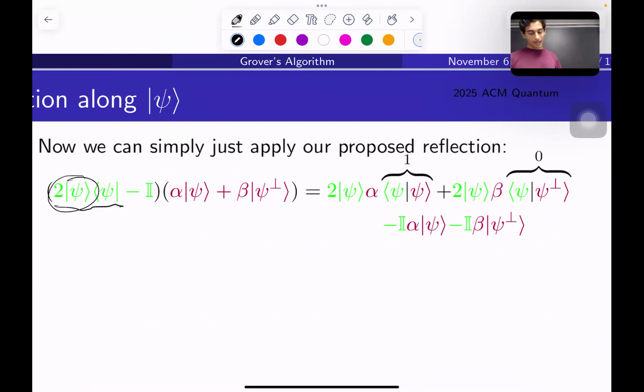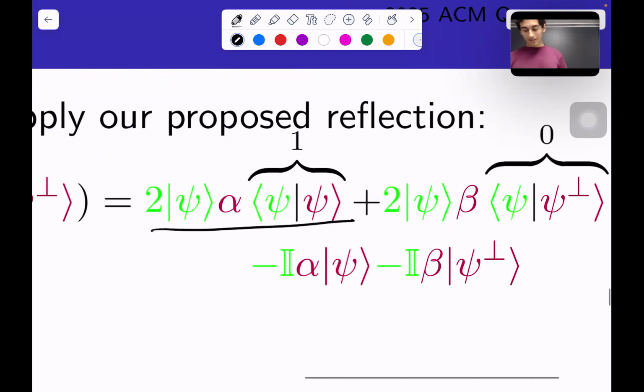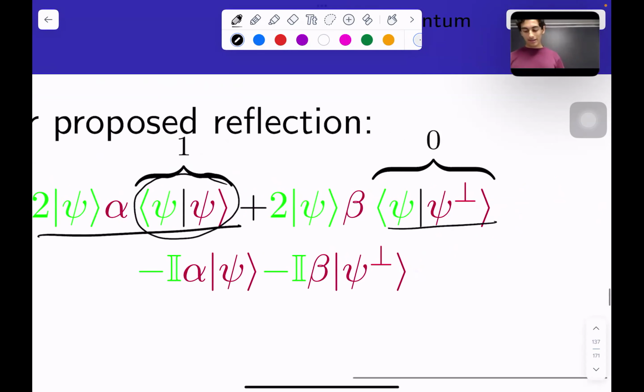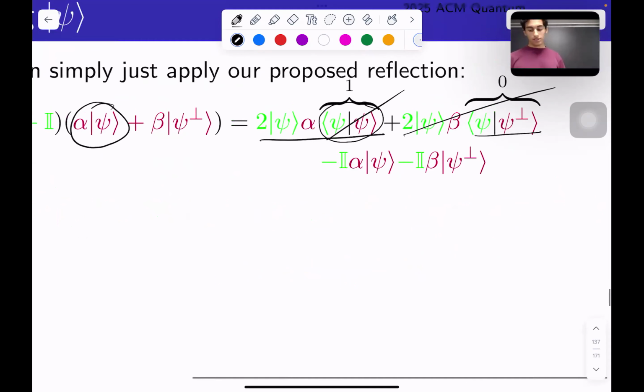This 2 ket psi bra psi goes into this alpha ket psi. You get this term. And then you just FOIL the terms. And then we said they're orthonormal, so this psi dot psi will get you a 1, and then this psi dot psi perp will get you a 0. So this whole term will go away, and then this term will just multiply out to be 1.